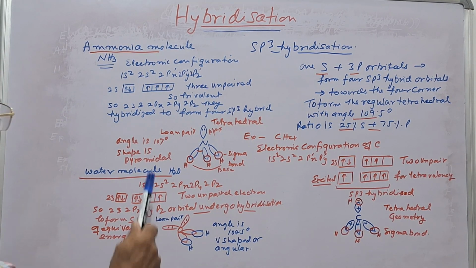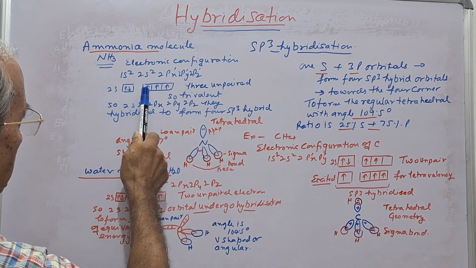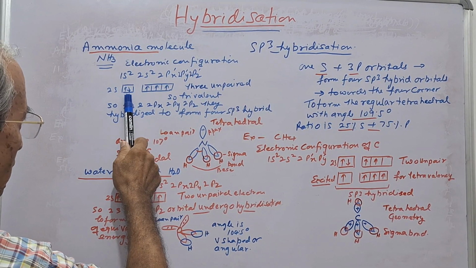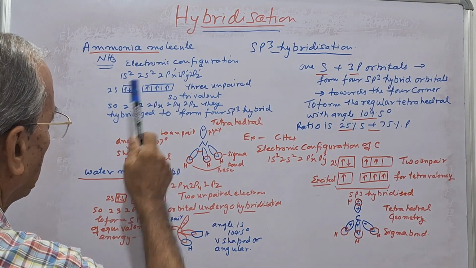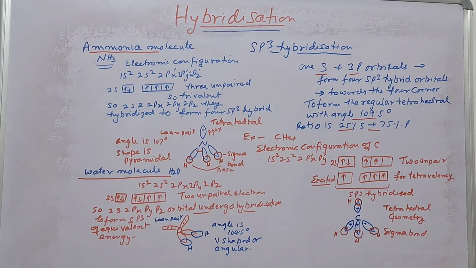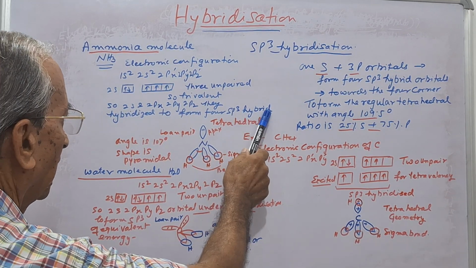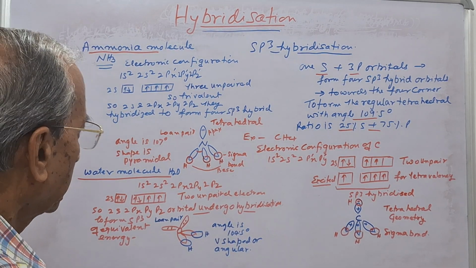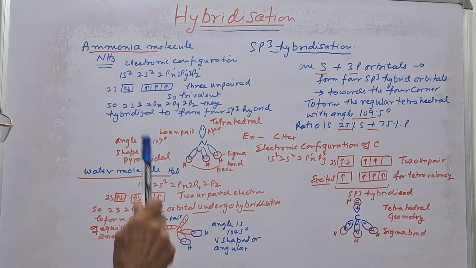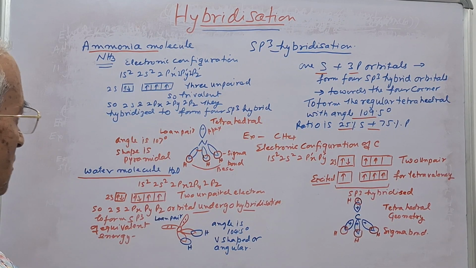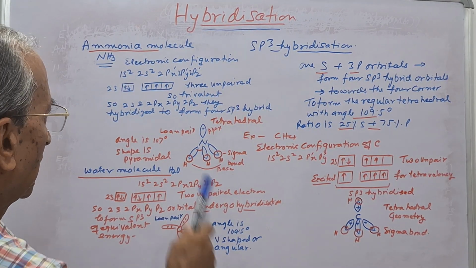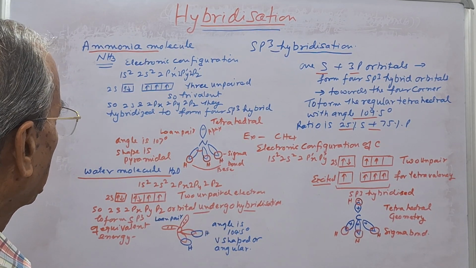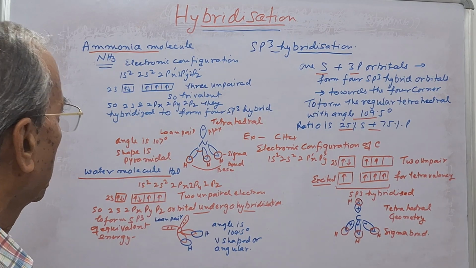Now here 2s and three 2p hybridize to form four sp3 hybrid orbitals of equal energy. In this case, three unpaired electrons will overlap with the three hydrogen atoms, and one lone pair will be left.